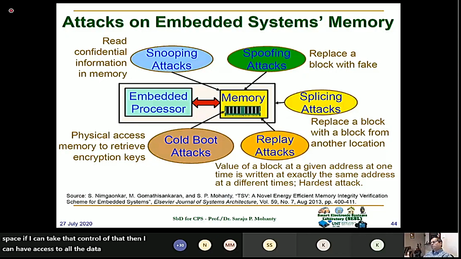But in addition to that, memory can be hacked to take control over the whole embedded system, and as a result the overall system where the embedded processor is playing a small role. Just like we have seen network attacks, here similarly there are snooping attacks, splicing attacks, replay attacks, all this variety of things can happen.